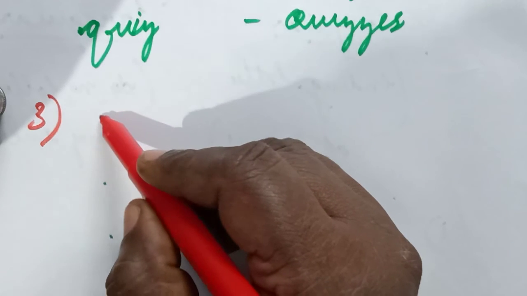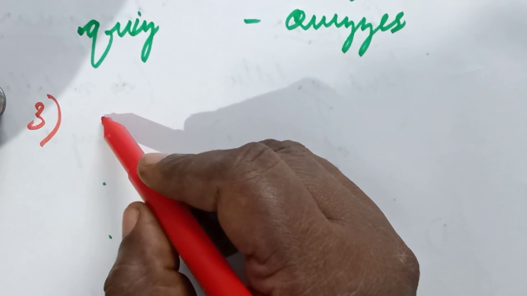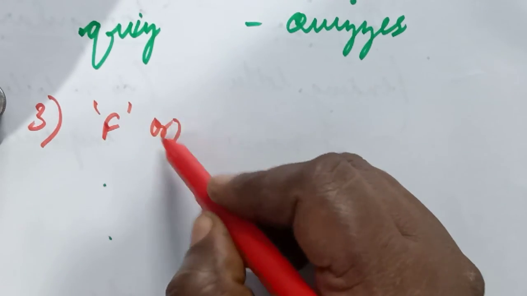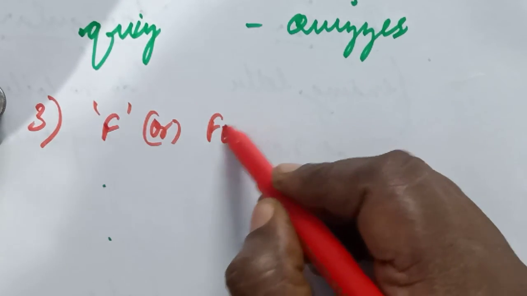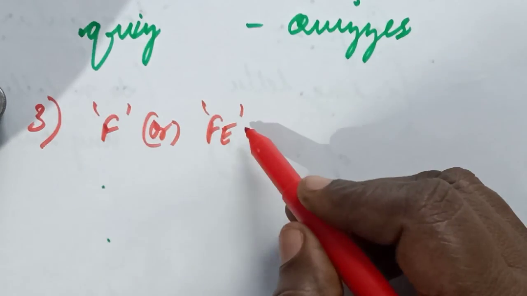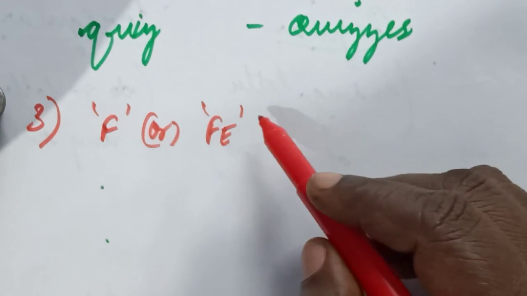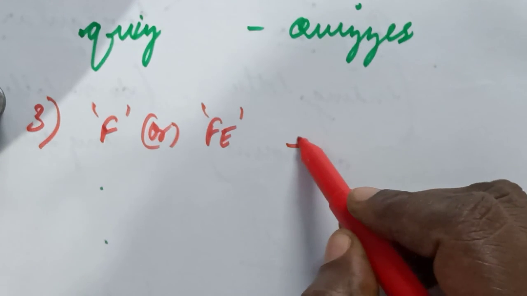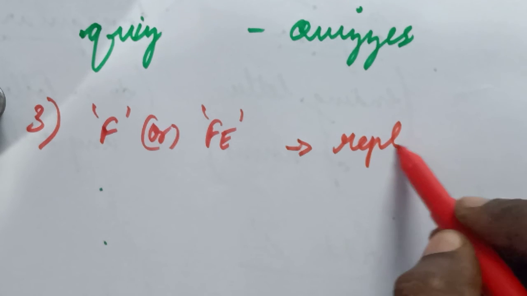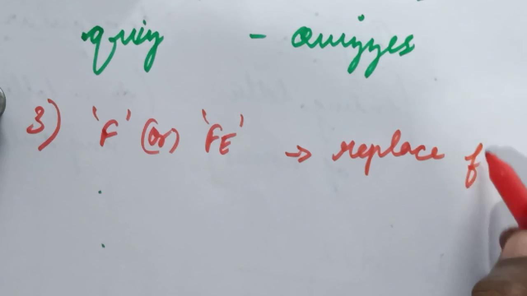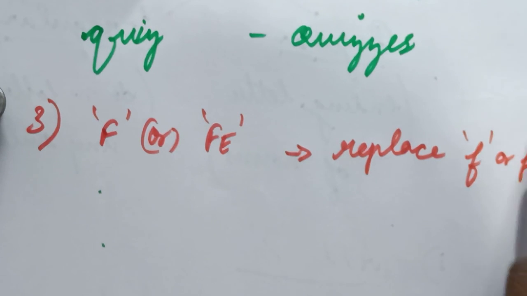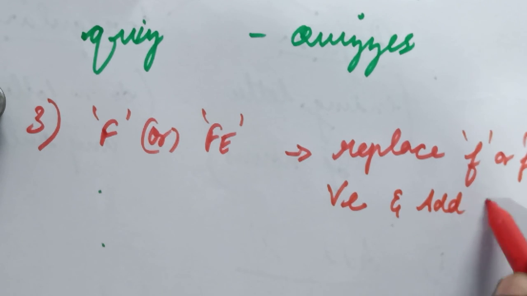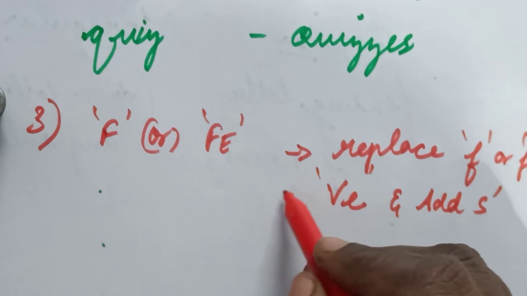Here the third set of rules is about nouns that end with F or FE. If the noun is ending with F or FE, replace this F or FE by VE and add S. Understood?